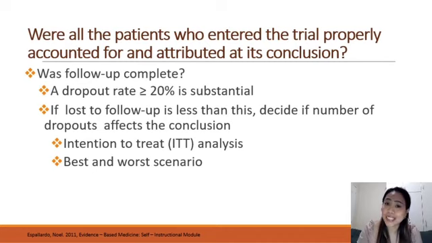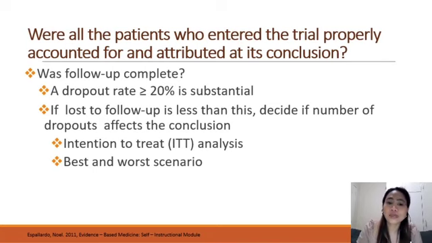If dropout rate is less than 20%, we could determine if the number of dropouts affected the results by determining if the authors did an intention to treat or ITT analysis. ITT is a statistical analysis that maintains prognostic balance generated from the original random treatment allocation. If the study did not do ITT, we should do best case and worst case scenario.